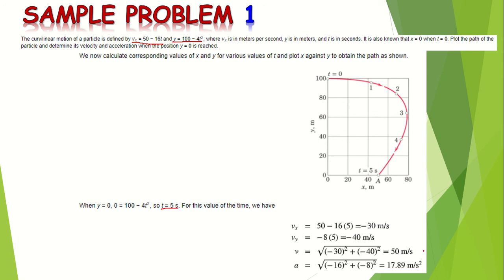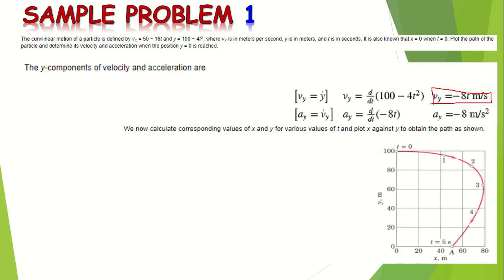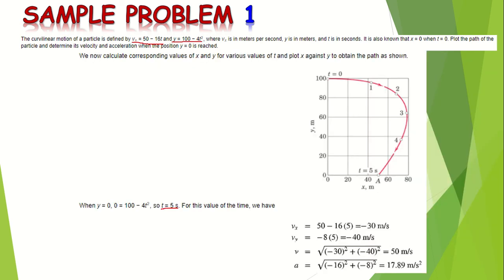Now for the acceleration, how do we solve for the acceleration? We have 16. So where do we get the 16?